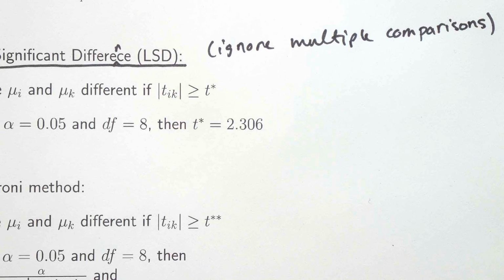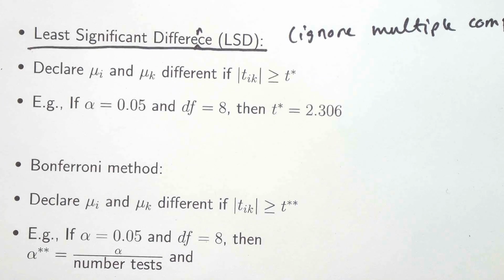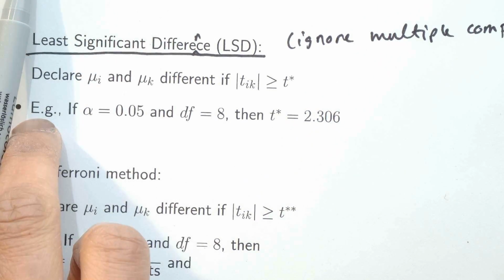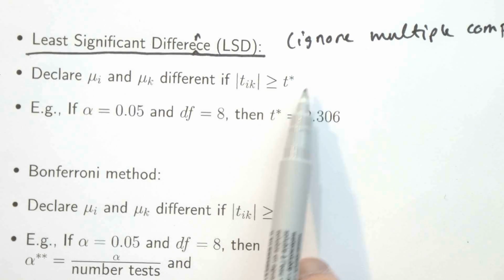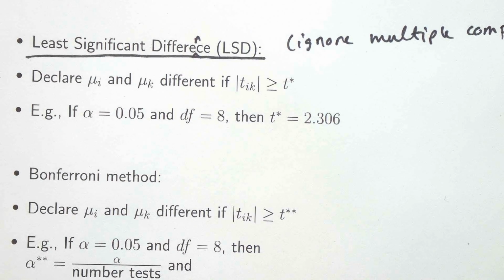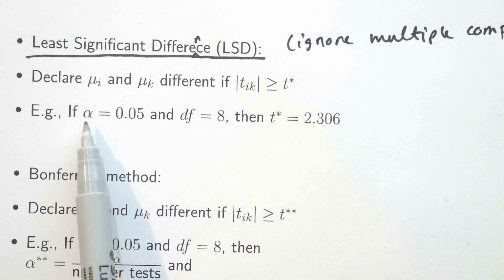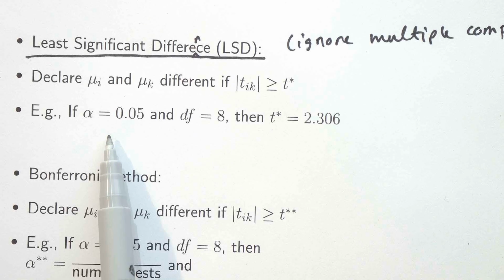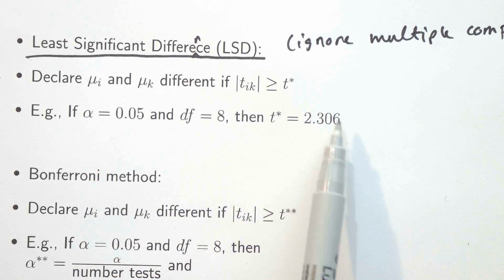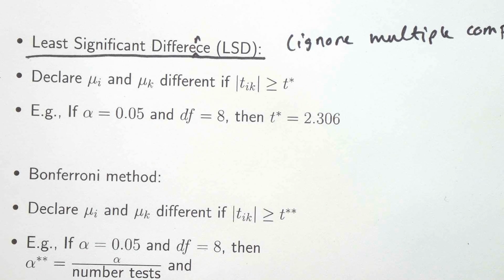And so really what that means is when we look at our differences, we just have to compare our test statistic to that critical value T star. For the weight reduction diet study, if alpha is equal to 0.05, remember we said degrees of freedom equals 8, then we use the same value we've been using with our contrast, which is 2.306.